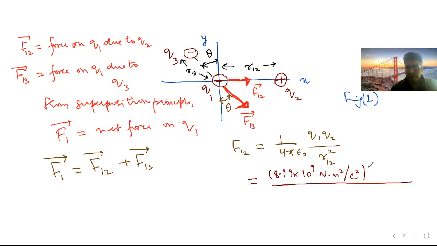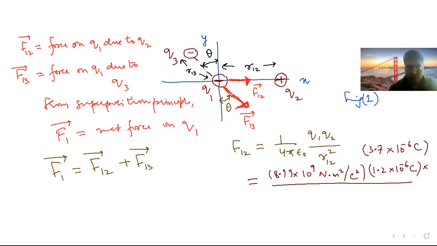Then we have to put the charges. Q1 is 1.2 microcoulomb, that is 1.2 into 10 raised to power minus 6 coulomb. Then multiply by Q2, which is 3.7 microcoulomb, 3.7 into 10 raised to power minus 6 coulomb.